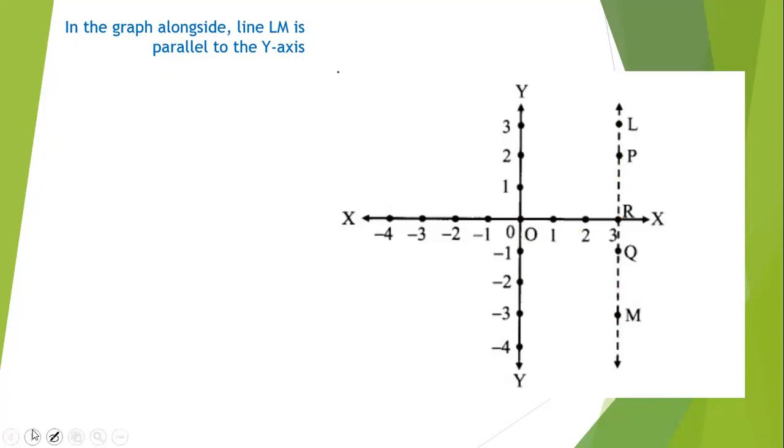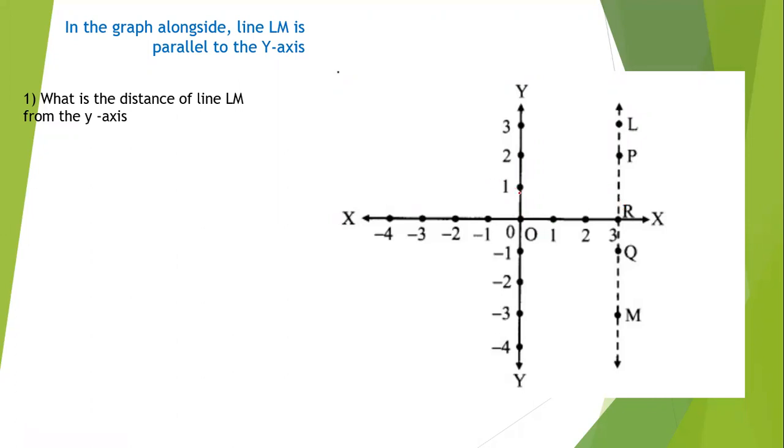Then what we have to do? We have to write the answers. Here we don't have to draw the graph. We have to just write the answer and the graph is already drawn for us. Now, what is the distance of the line LM from the y-axis? So the first thing is we have to write the distance of this line LM from y-axis.